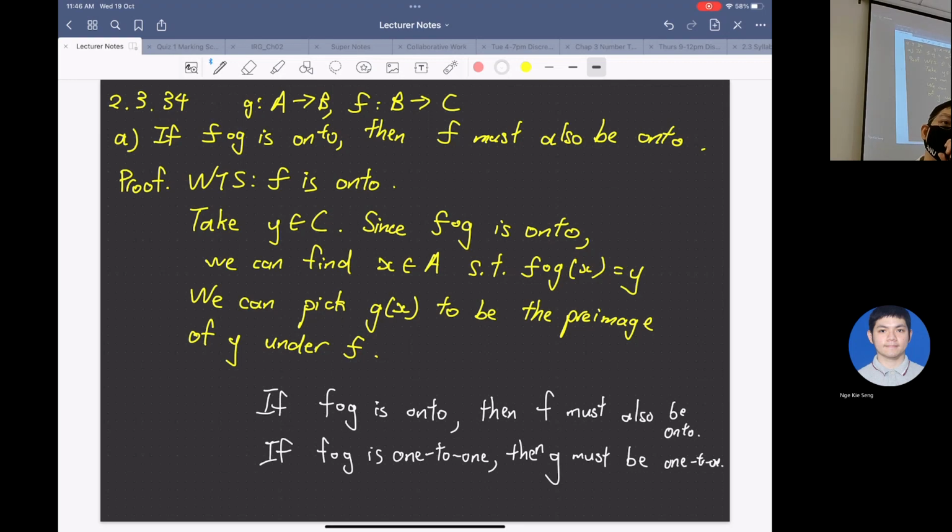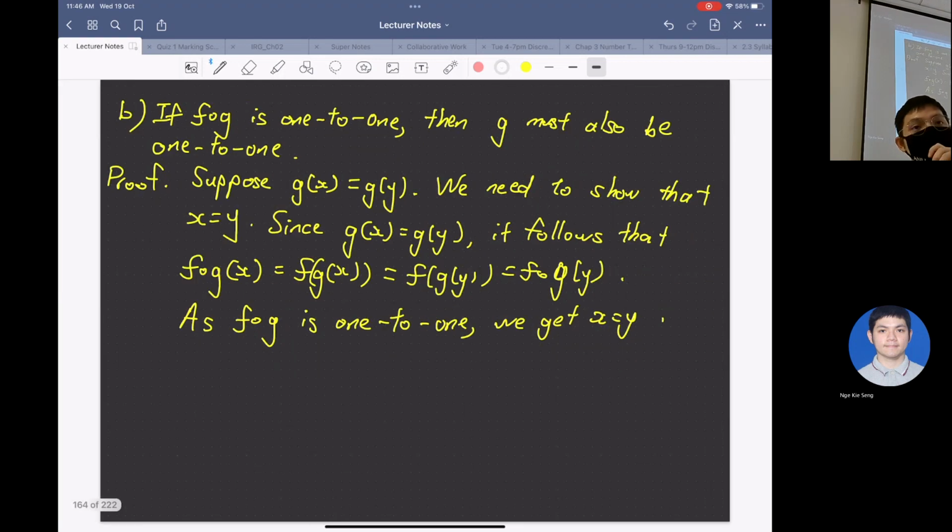This one is injective. Assume g(x) equal to g(y) and then show that x equals y, that the pre-image is the same. Part A you show onto, part B you show one-to-one.